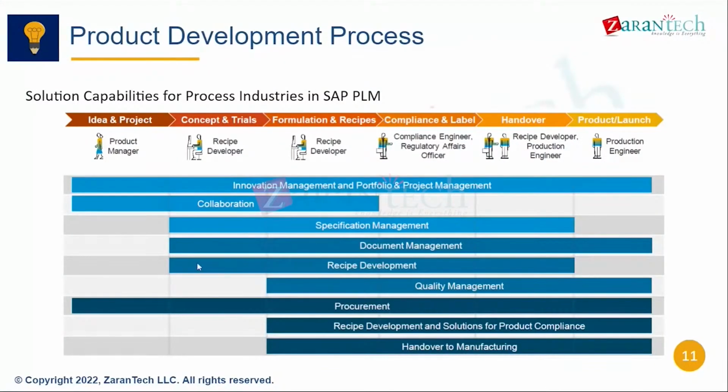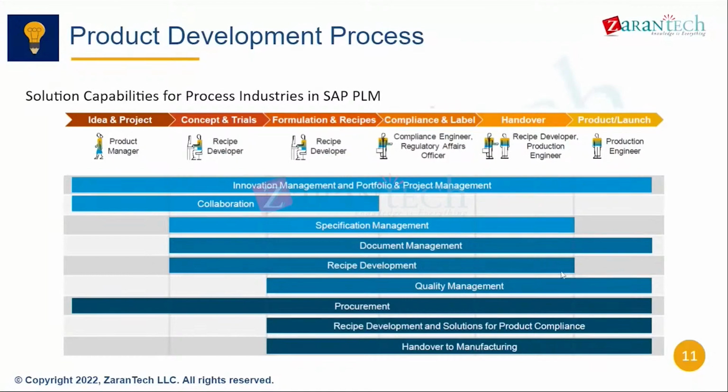Recipe development comes into the picture just before the handover to manufacturing. If something fails the compliance check as per regulatory authorities, then the recipe needs to be rejected or not passed on to manufacturing.